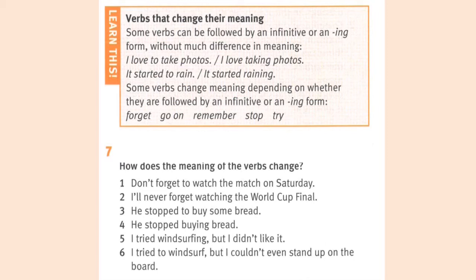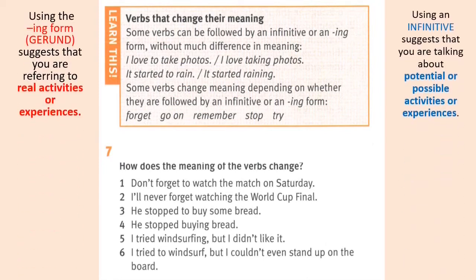Some verbs which would go in this category are forget, go on, remember, stop, and try. And in test 7, the meaning of the verbs change in the following way. Don't forget to watch the match on Saturday means that we are talking about a potential activity or experience.